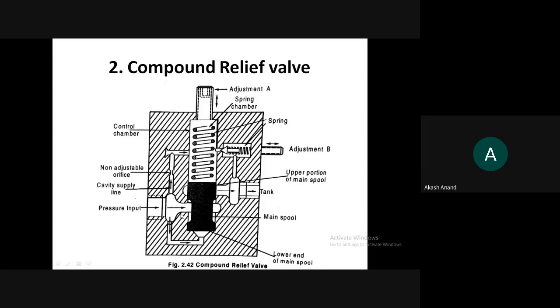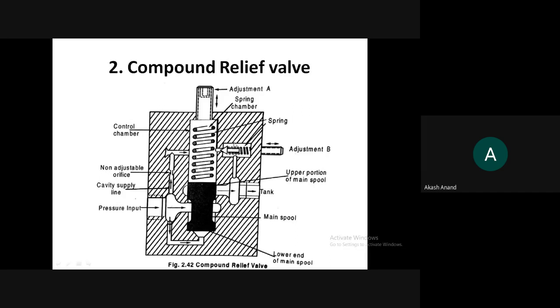When the main spool is raised, the entire input flow will go into the tank. This is the first type of flow. In case of the second flow, the magnitude of adjustment B will be comparatively lesser, so that at a very low pressure itself, this adjustment will be in open position, so the flow will be through another port and not through the tank.